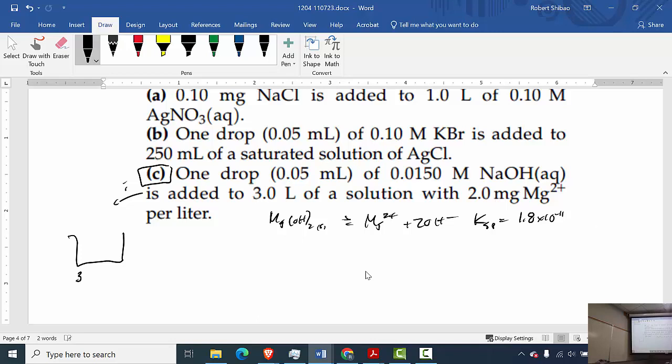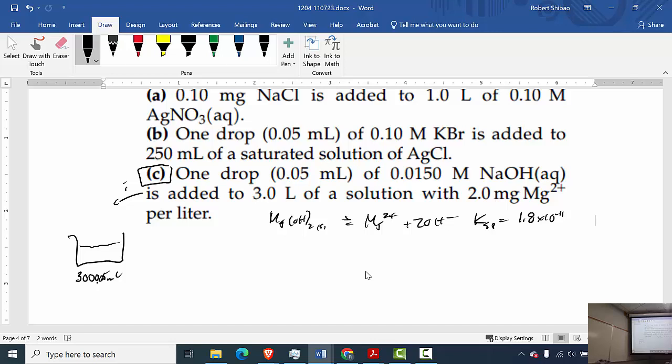And so what I'm going to do is I'm going to convert liters to milliliters. And so this is going to be 3,000.5 milliliters of total volume at the end. Oh, actually, it's not even 0.5, it's 3,000.05 milliliters at the end. It's barely diluted.